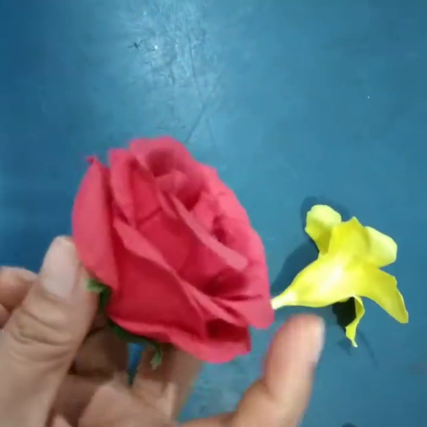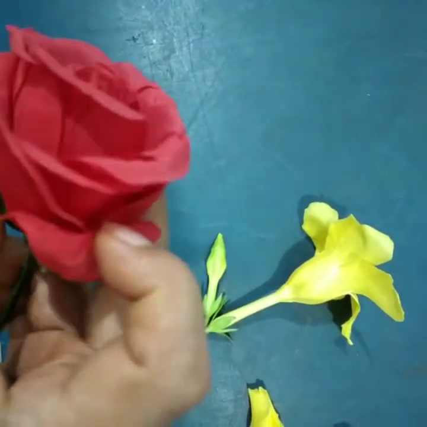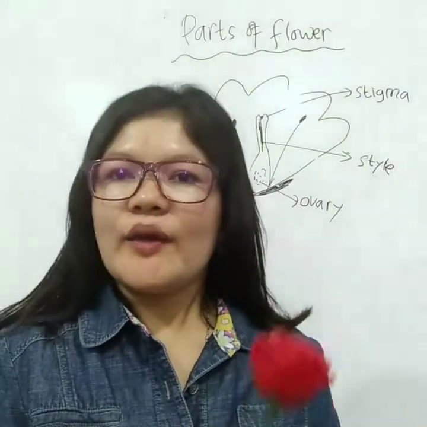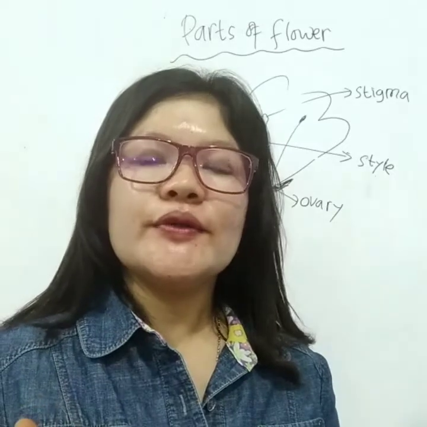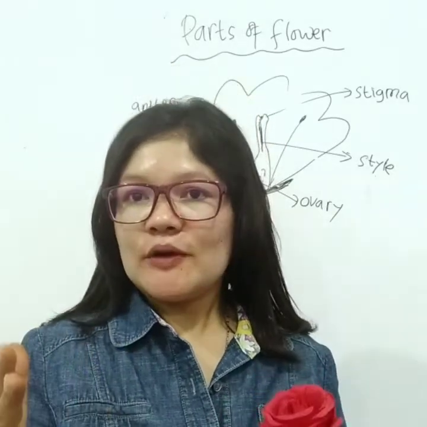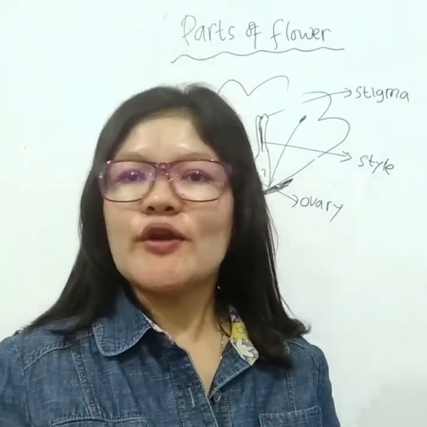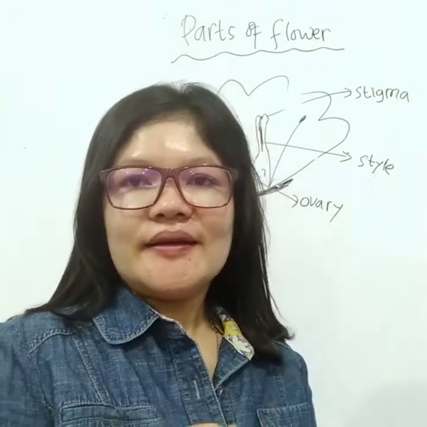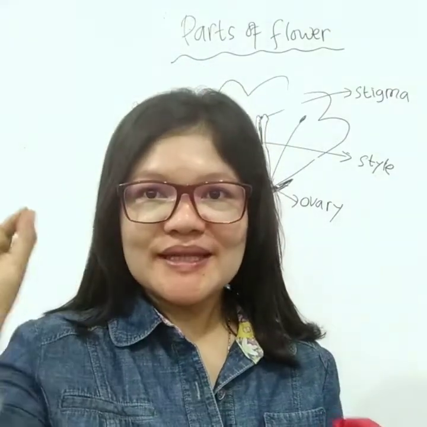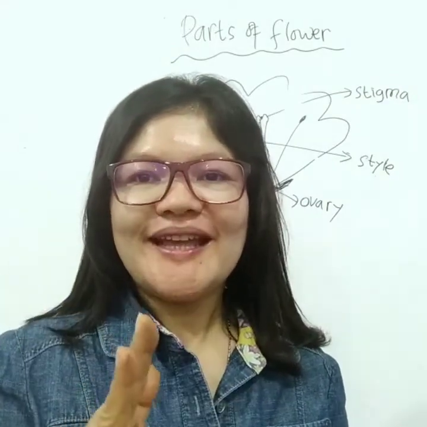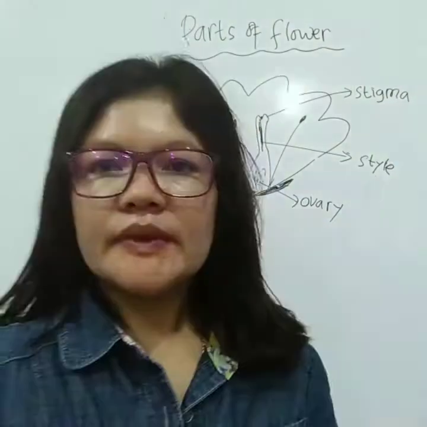The petals are this one. Students, if you're curious about the parts of the flower, maybe you can look around your house. You can see your mom's flowers, but don't try to pick or break them. Just look.